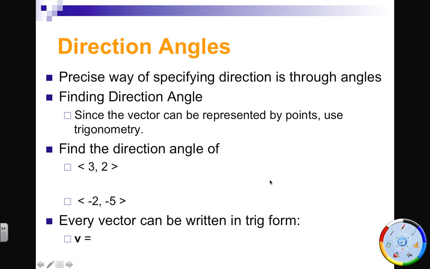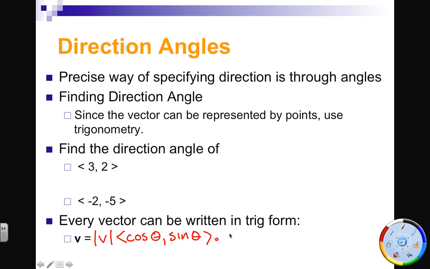Lastly on this page, every vector can be written in trig form. It's the magnitude of the vector times, if you remember, cosine is the x, so cosine of theta, comma, sine of theta.